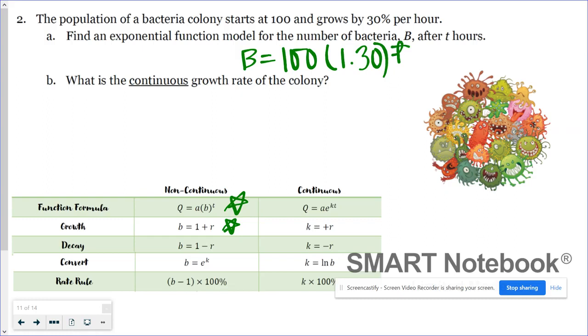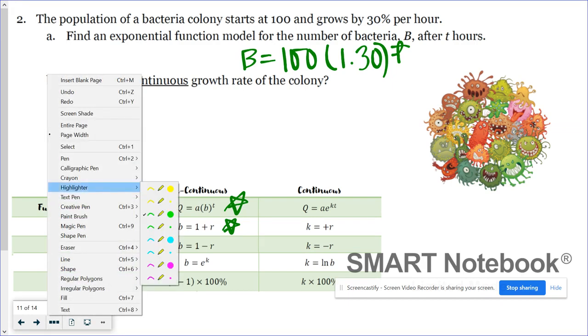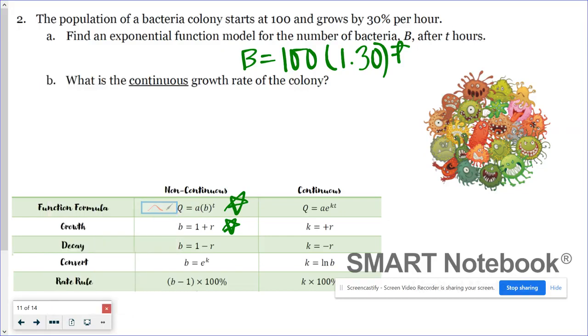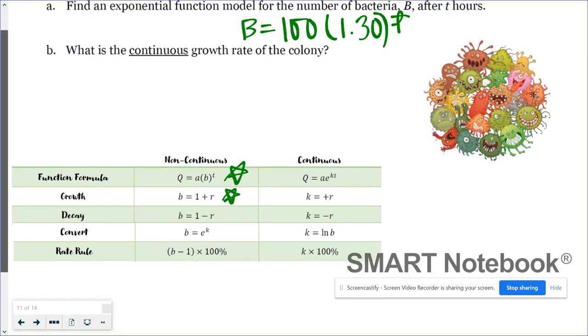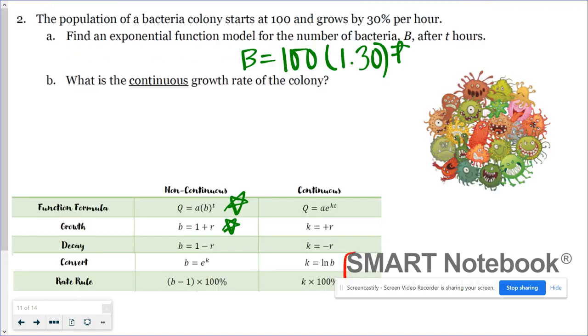Part B says, what is the continuous growth rate of the colony? All right, so we need to convert. If I use my little table below, they want me to find the continuous growth rate, and according to the table, that means I need to go k times 100%. But what is k? I need to find that first.